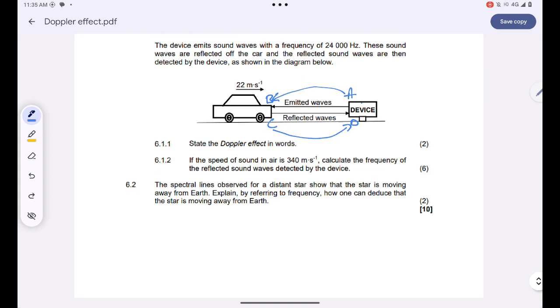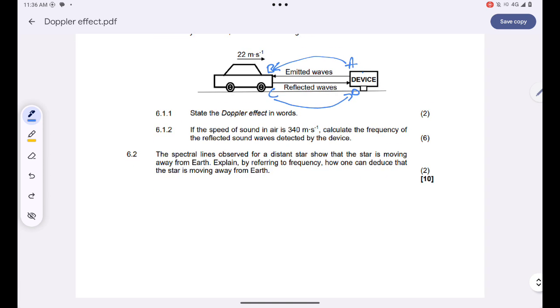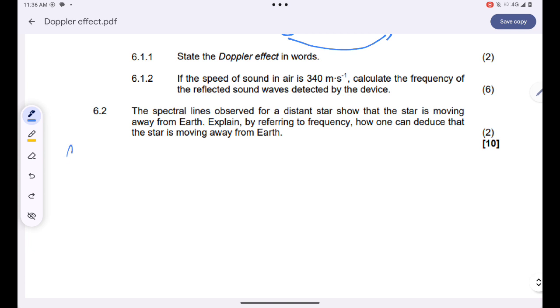So for us to find the frequency that the device will detect, the reflected frequency, we must first find the frequency that will be observed by the car. That means we're focusing on path A to B of our sound waves.